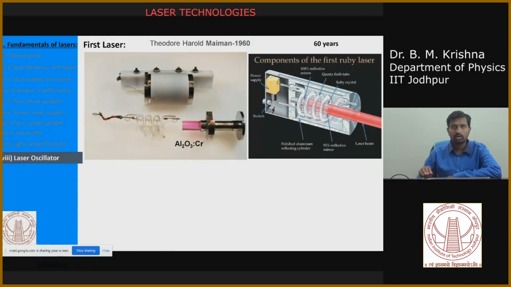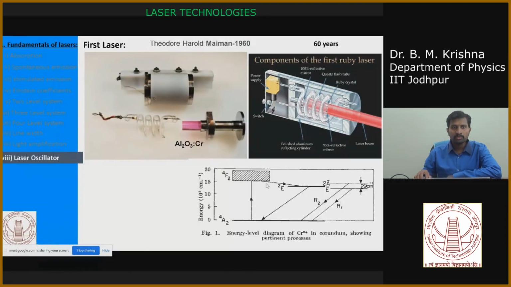Okay, this is the cross-sectional view of the laser system, and these are the energy levels where your lasing action takes place. These are the energy levels for the chromium 3+ atoms. So you have a transition from 4A2 to 4F2. That is your pumping.